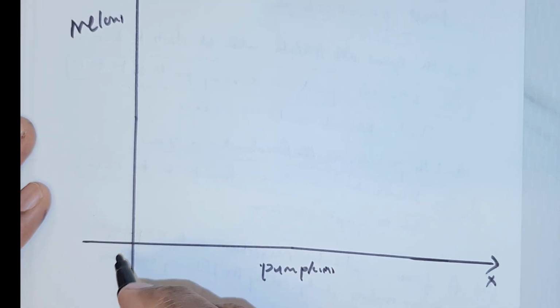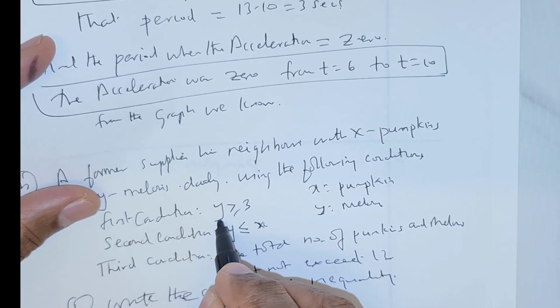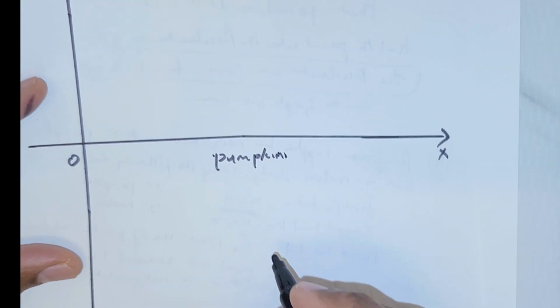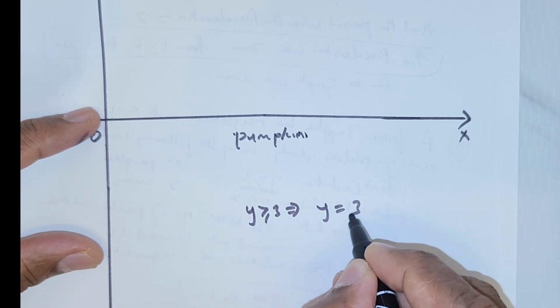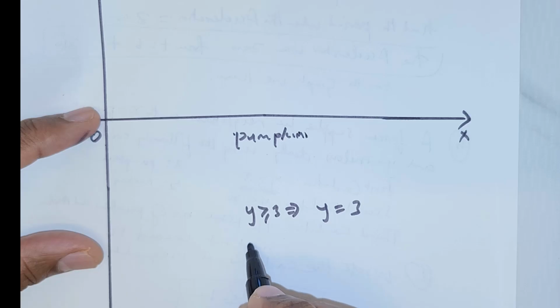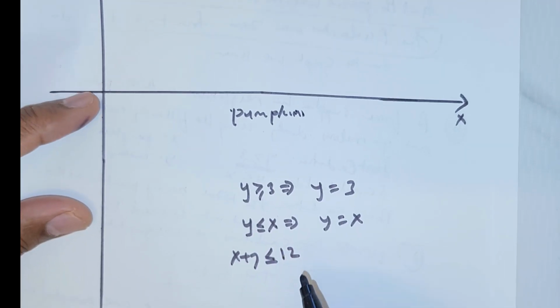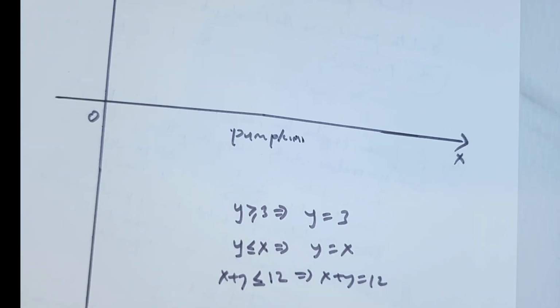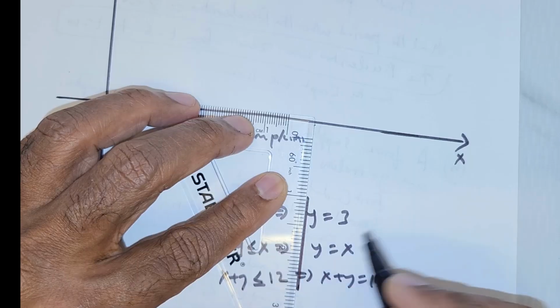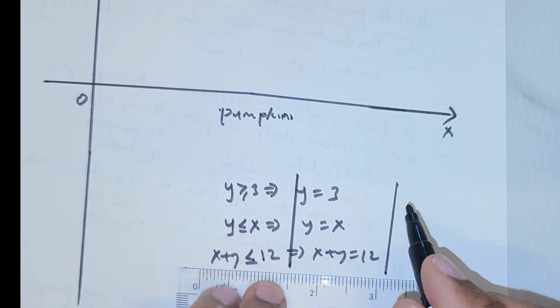So you have this point 0. Now if you see here, y is greater than or equal to 3. So these are the inequalities. Y greater than or equal to 3, meaning y is equal to 3. And then y is always less than or equal to x, meaning y is equal to x. Then x plus y less than or equal to 12. It means x plus y is equal to 12. So these are the straight lines you will have to draw.